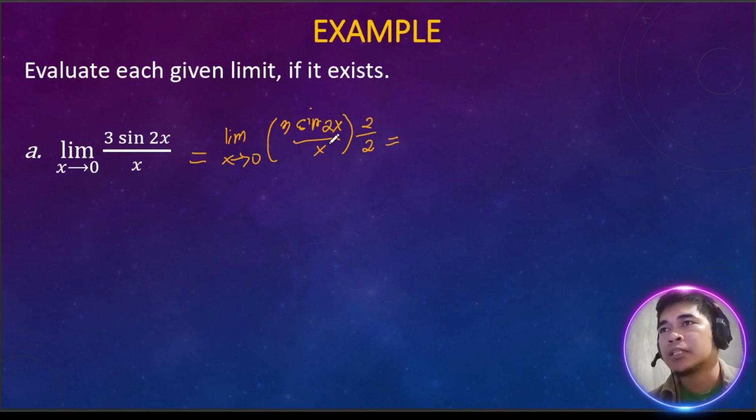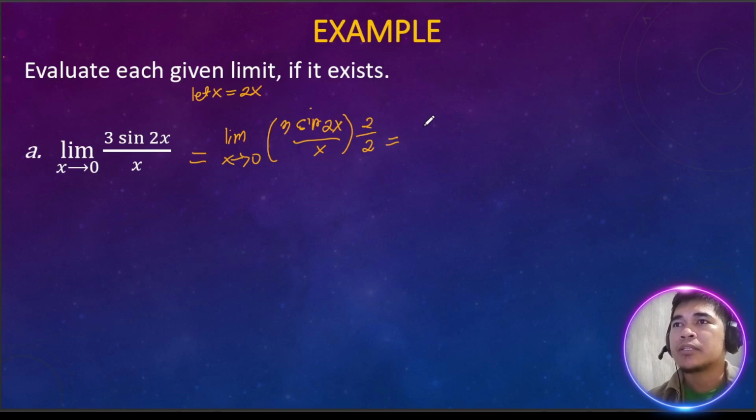And ang purpose lang nato is kaning atong x dire magka 2 para magkapareha na sila dire nga 2x. Kay i-let nato nga atong x is 2x. Okay? So, we get limit. So, 2 times 3, we get 6 sine 2x over 2x as x approaches 0.